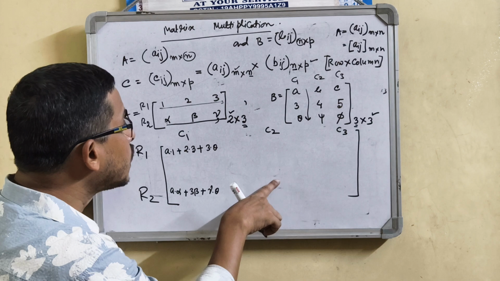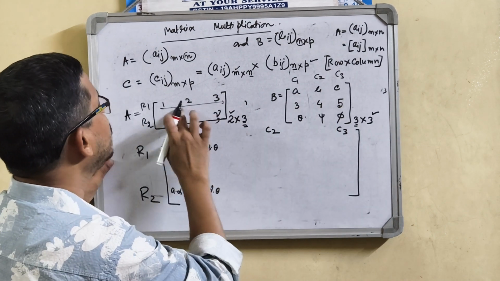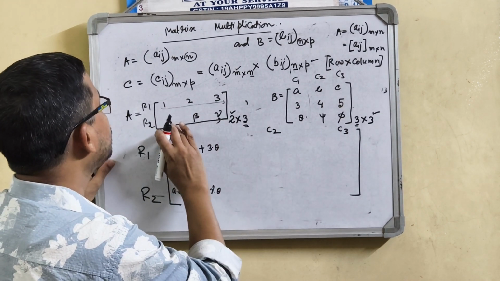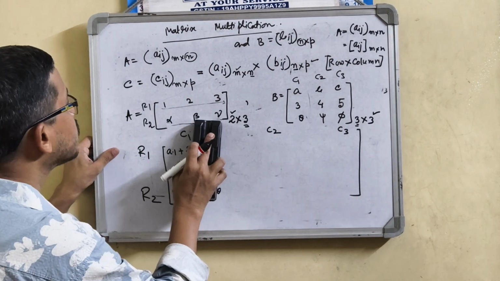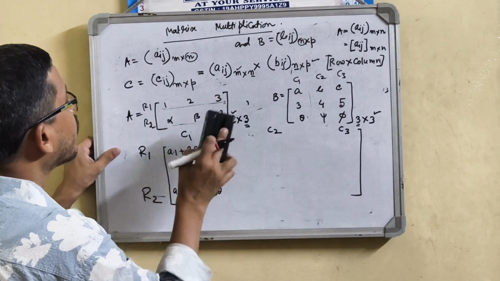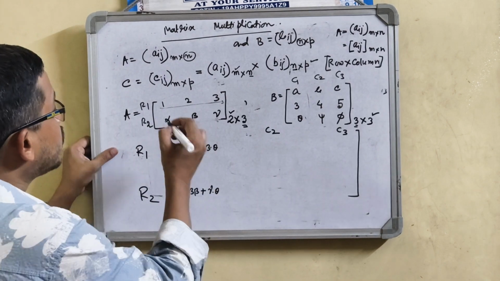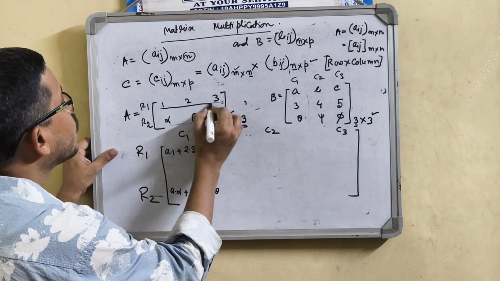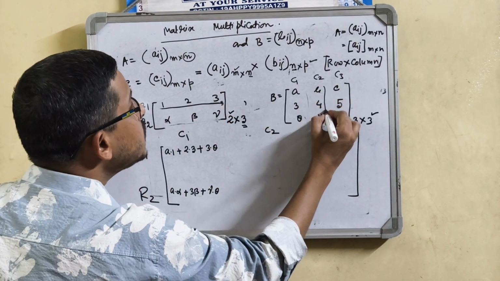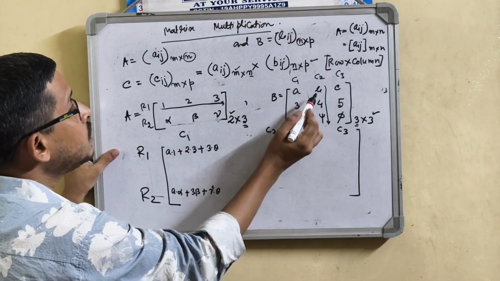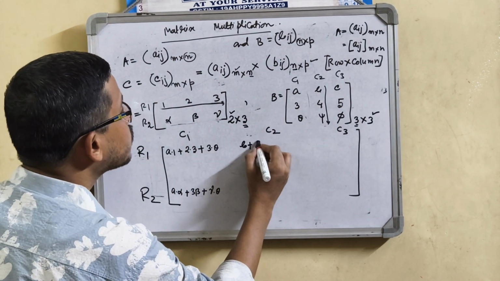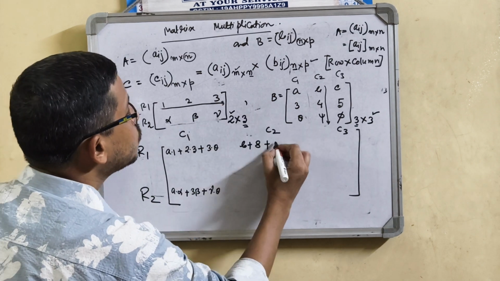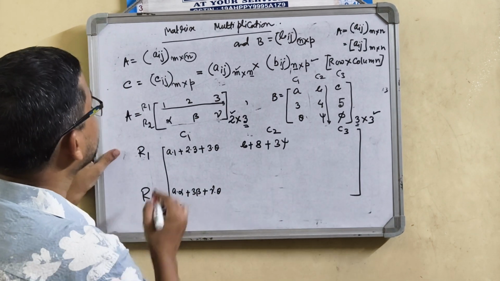Now what will be this position? First row, second column. Just let me erase this. This is the first row and the second column. So this is B into 1, that means B, plus 4 into 2, that means 8, plus 3 into psi.